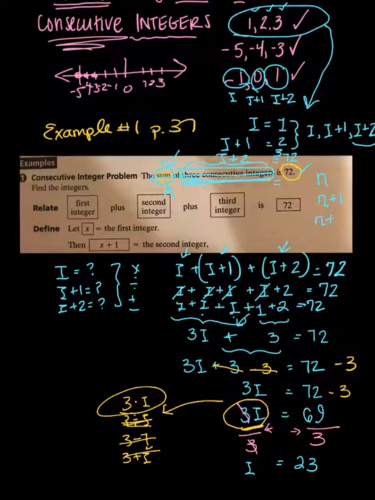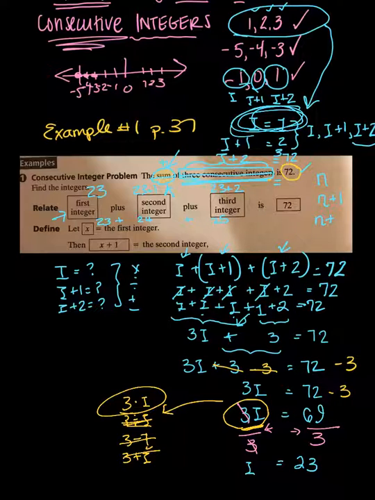Alright, so if I equals 23, I've got to go back up to this problem here. My first integer, remember I is the equivalent of my first integer. So if I equals 23, my second integer has to be back to it. So 23 plus what? This should be 23 plus 1. And my third integer should be 23 plus 2. So let's see if this holds. 23 plus 24 plus 25.